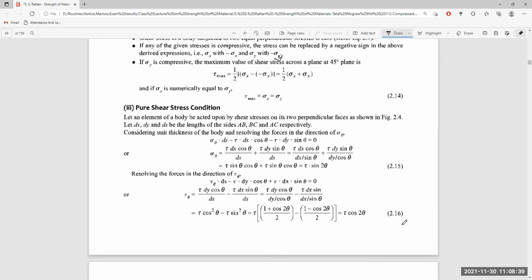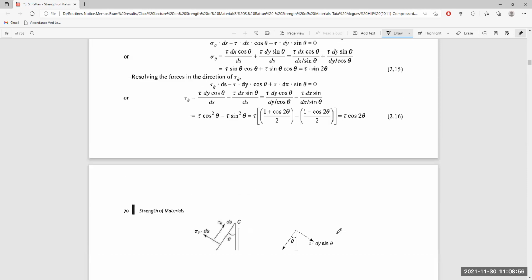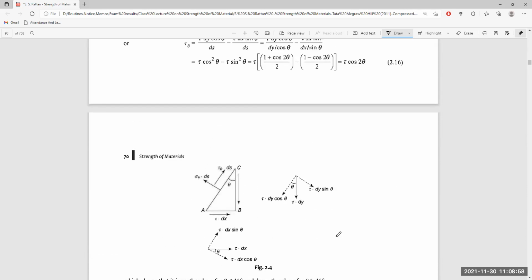Next comes another situation, the pure shear stress condition. Let an element of the body be acted upon by shear stresses on the two mutually perpendicular faces, as in the bottom figure. Here, the body which is being truncated was like this.